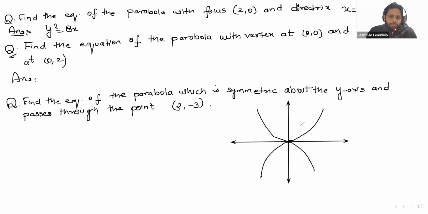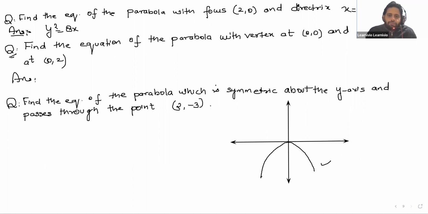Now we need to check which graph is for this question. They are saying that it passes through the point (2, -3). That means x is positive, y is negative. If we check this one, here y is always positive. So that's why this will be the graph for this one.